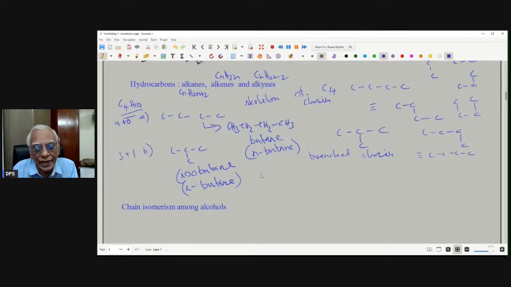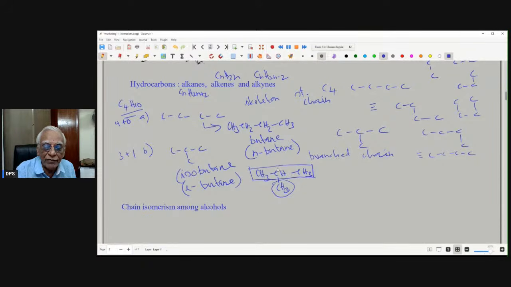The IUPAC name of this particular compound, CH3, CH, CH3: I'm not going to discuss the IUPAC rules exhaustively, but for a simple compound I can say this. The longest chain contains 3 carbon atoms. A 3 carbon atom alkane is propane, and this is a methyl group. So, methyl propane. Where should this methyl group attach? The middle carbon atom.